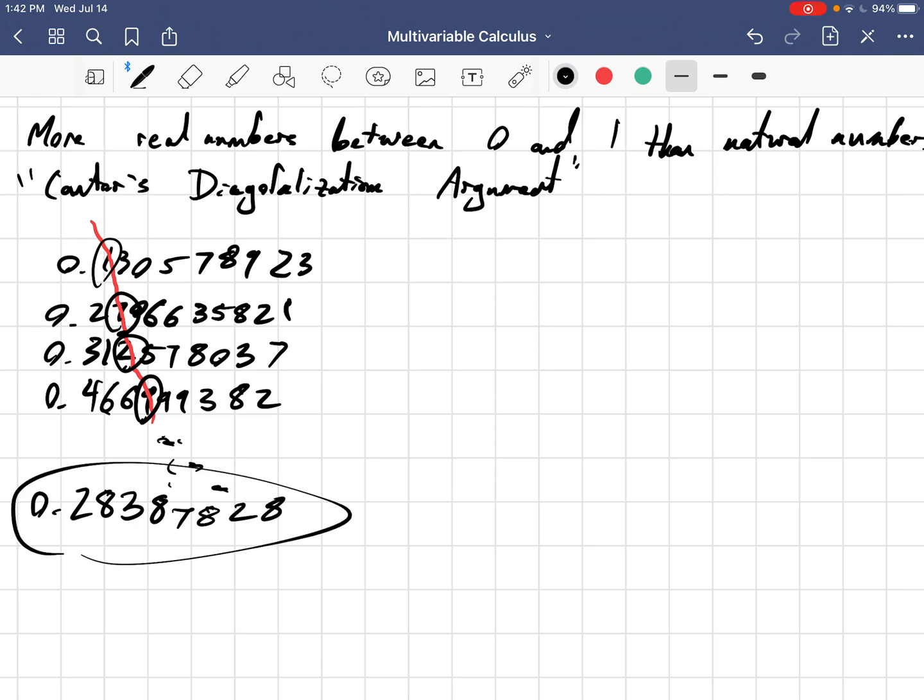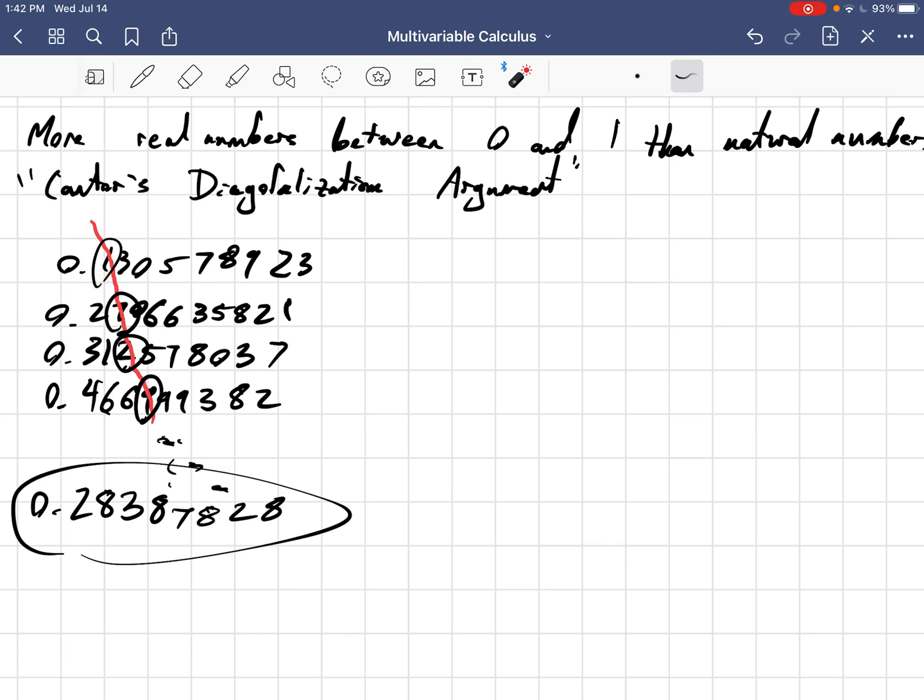And now this new number right here cannot possibly be on our list because it has to differ. The way it was created, it has to differ in at least one digit from all other numbers on this list, even if this list is infinite, because it was designed that way.